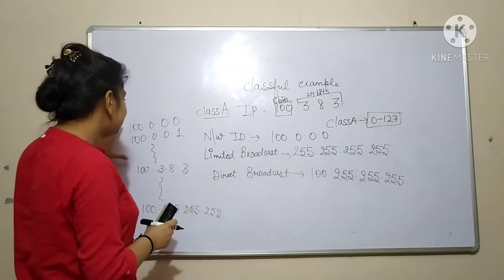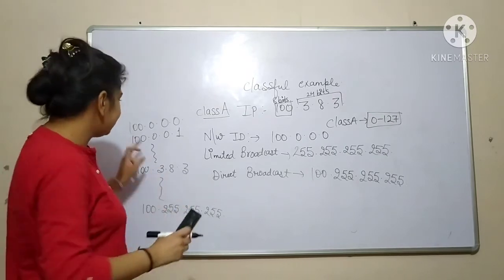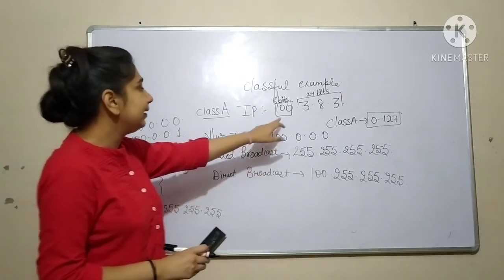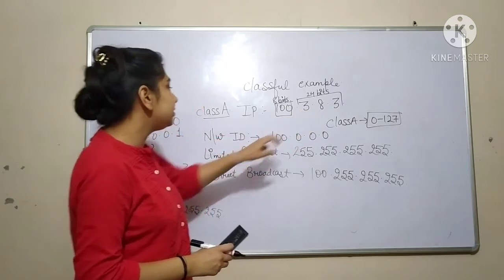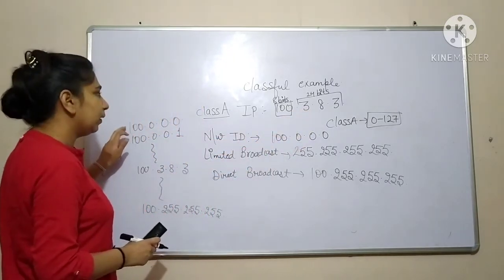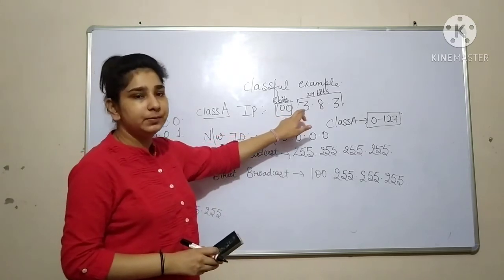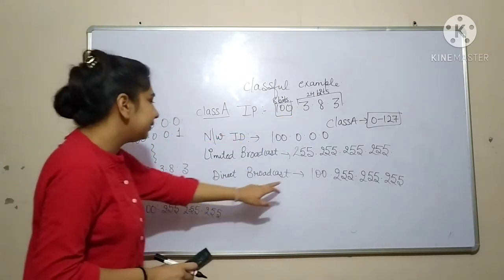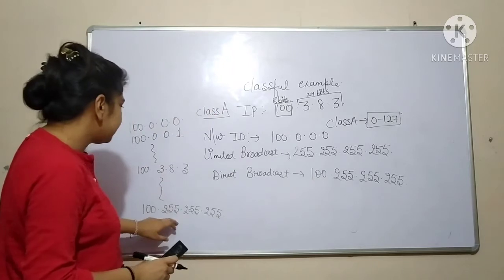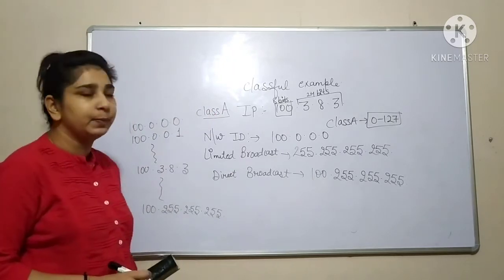So the first IP address of the network is network ID, and this is the IP address which is belonging to this network, and this IP address is assigned to one of the machines, and this is the last IP address of the given network.